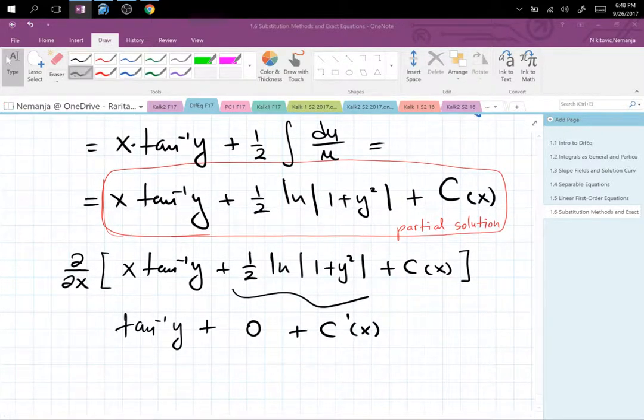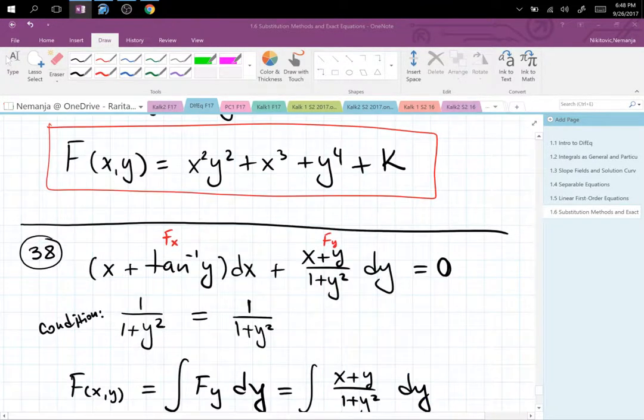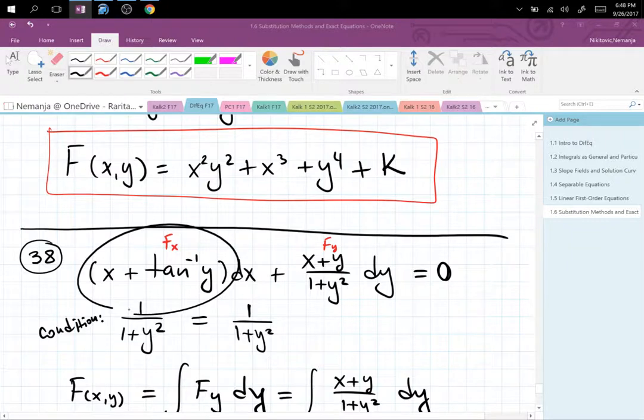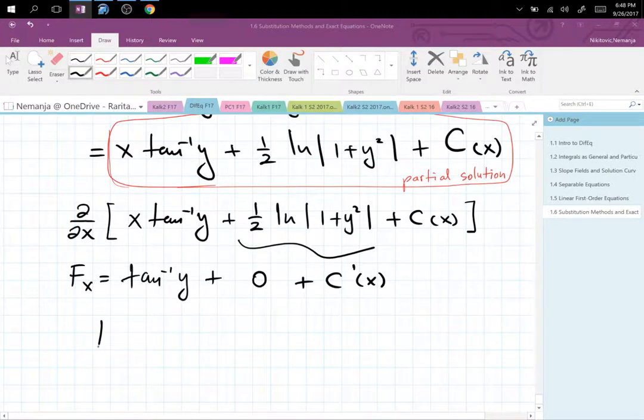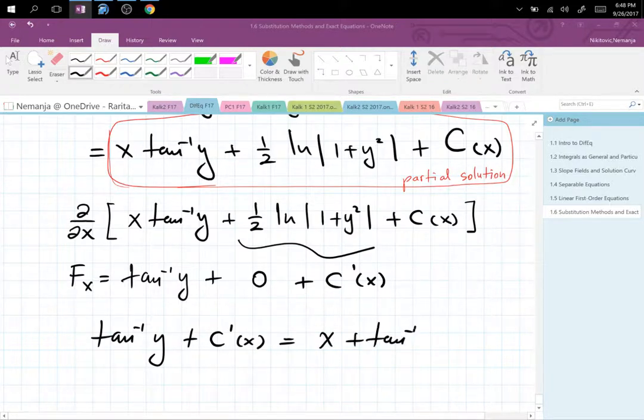So this part here is fx. This is what fx is equal to. But I also have another fx in the original problem, which is this one here. Equate them together. So I have tangent inverse of y plus c prime of x is equal to x plus tangent inverse of y from the original problem.